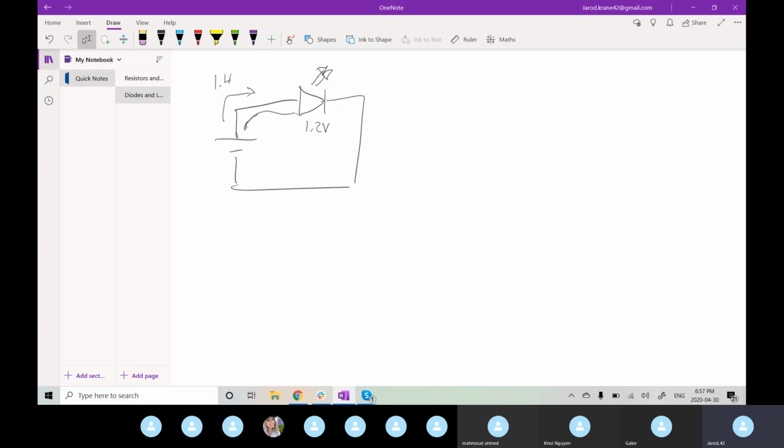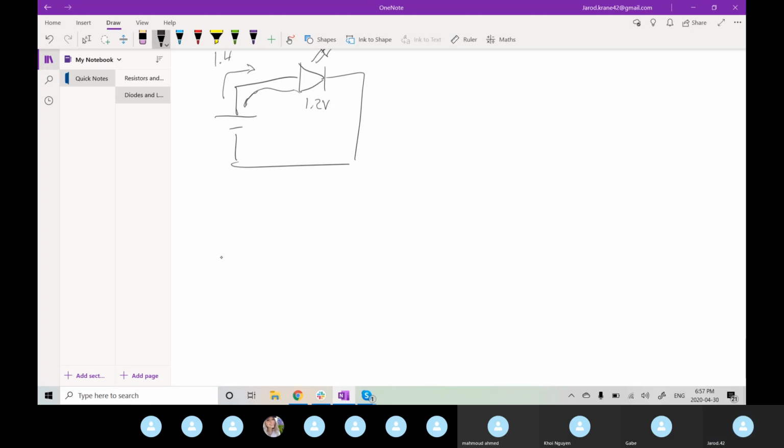So this is where we use resistors for the current limiting aspects that they have that we went over last time.